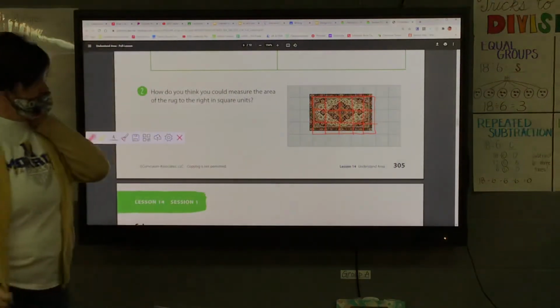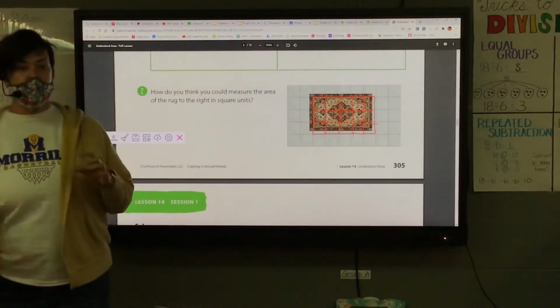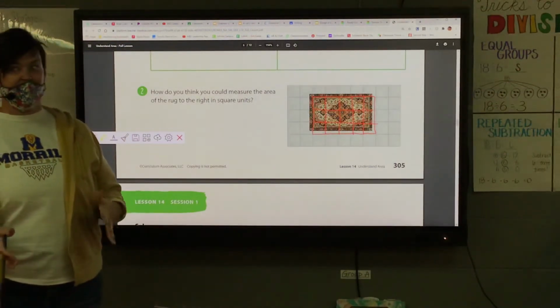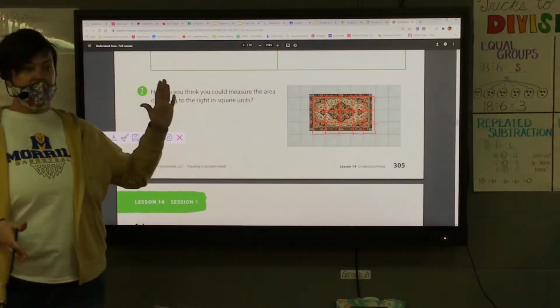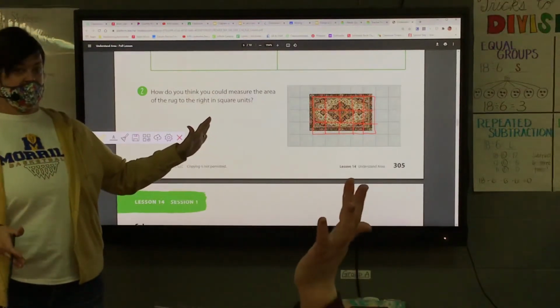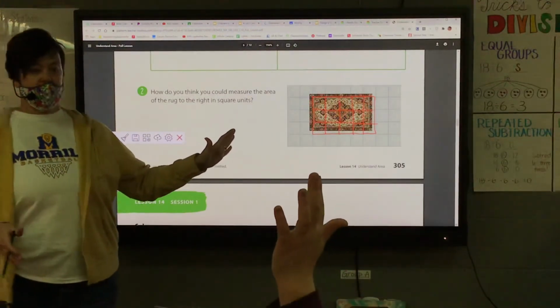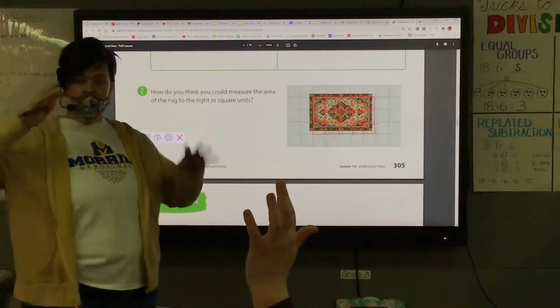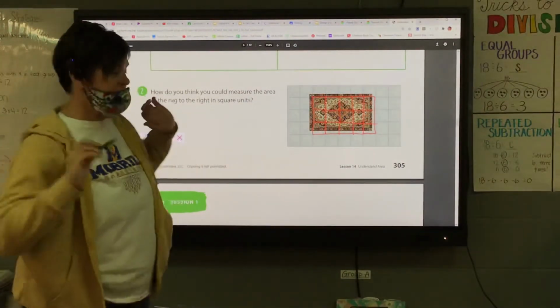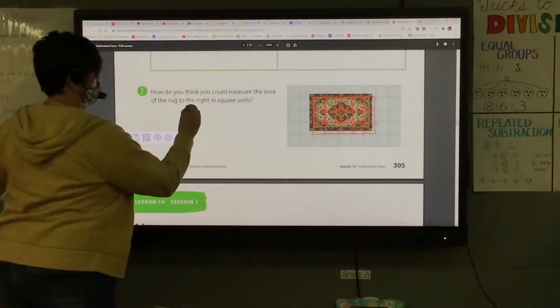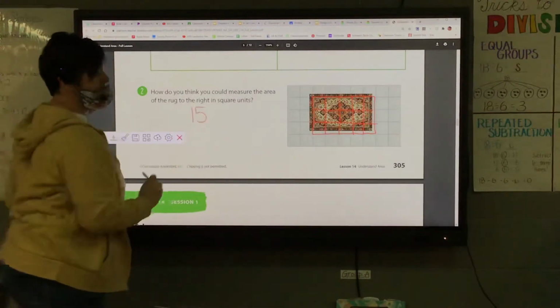All right. How many square units does this rug cover? On the count of 3. 1, 2, 3. 15. All right. So 15 what?